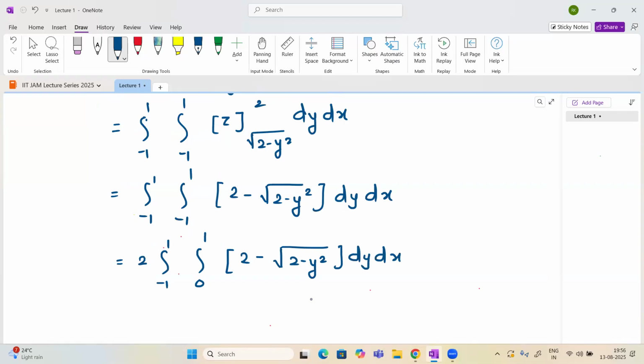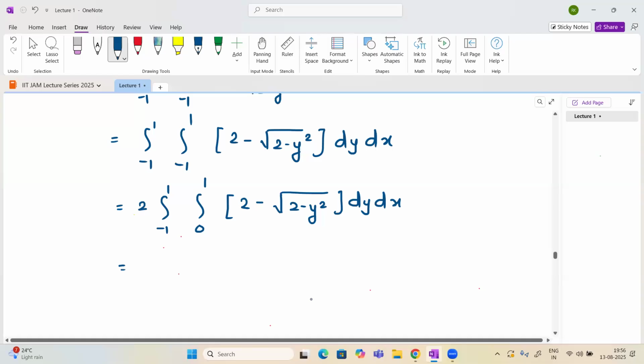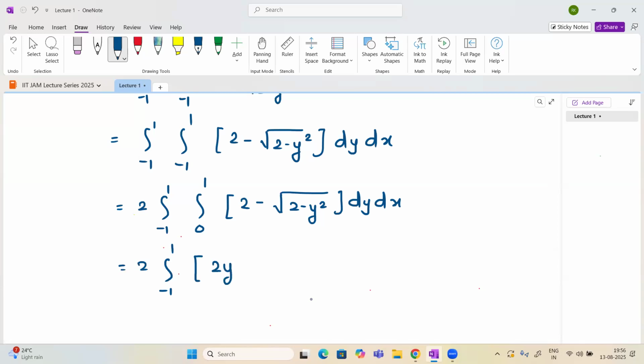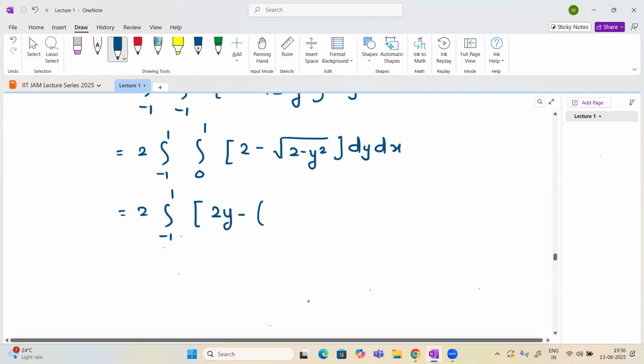Okay, please tell me what will be its integration? 2y minus, 2 minus y square to the power 3 by 2... no, sorry, you cannot do it that way since we have y square.